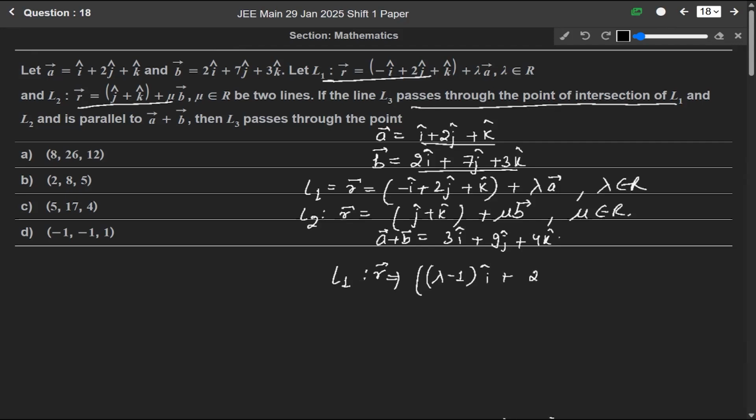Okay, we can write this as (λ−1)î + (2λ+2)ĵ + (λ+1)k̂ for the line L1.